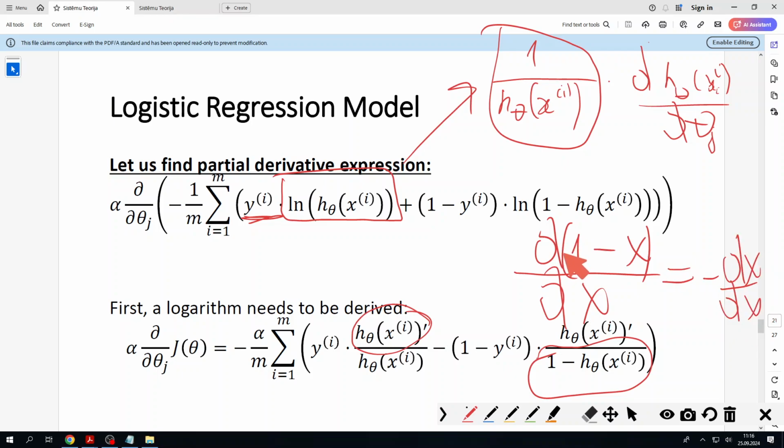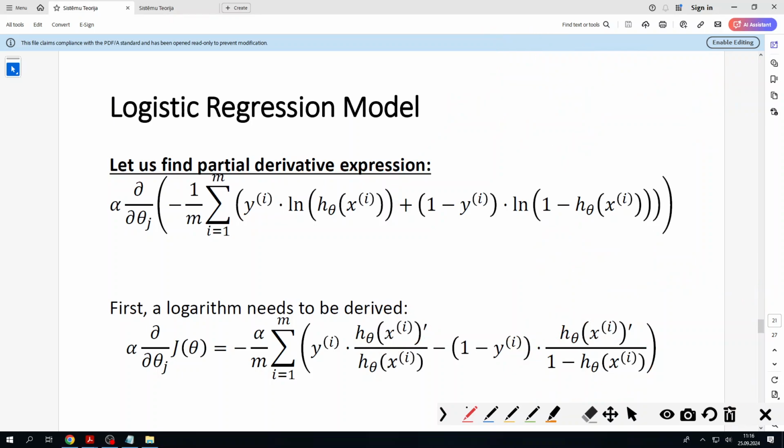Because derivative of 1 is 0, it's a constant, yes? So we could say that here we have 0 plus this one, yes? But 0 I didn't write it here. So what we need to do now, in a sense, is just to calculate the hypothesis derivative and put it in the correct place, yes?